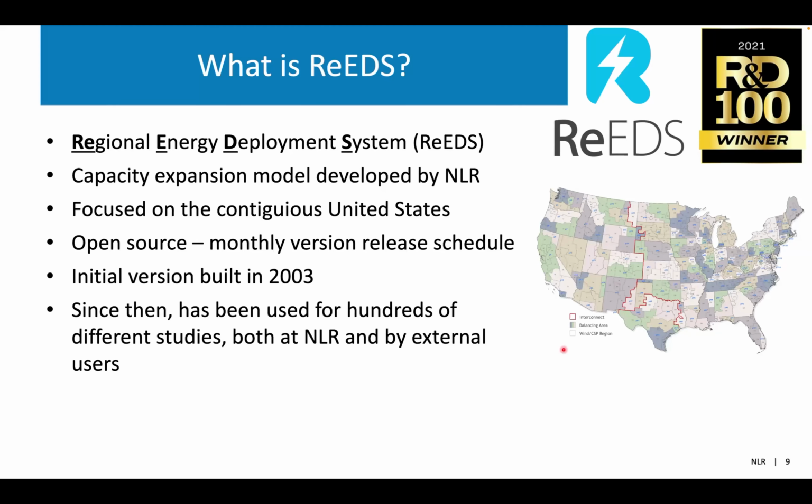But since then, ReEDS has gone through several iterations and rewrites to now include several other generating technologies, including but not limited to hydrocarbons like coal, natural gas, and oil, nuclear technologies, other variable resources like solar and hydropower, small scale and emerging technologies like biopower, geothermal, hydrogen, and storage techs like utility scale lithium-ion batteries and pump storage hydropower. Also, since 2003, ReEDS and its predecessors have been used as the primary model for hundreds of different studies, both at NLR and by external users.